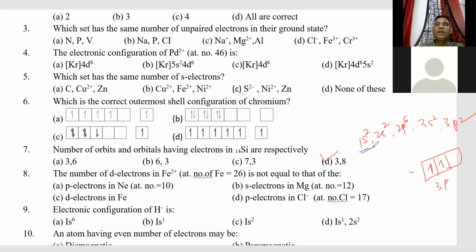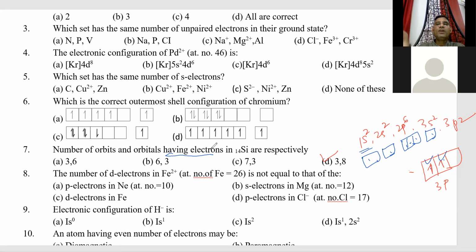In 1s, how many orbitals? 1. In 2s, again 1. In 2p, how many orbitals? 3. Then again 1, and then here 1 and 2. So 2, 4, 3, 4, 5, 6, 7, 8. Is it okay? Yes, sir. So you have to see only those orbitals which are having electrons, that we need to write.